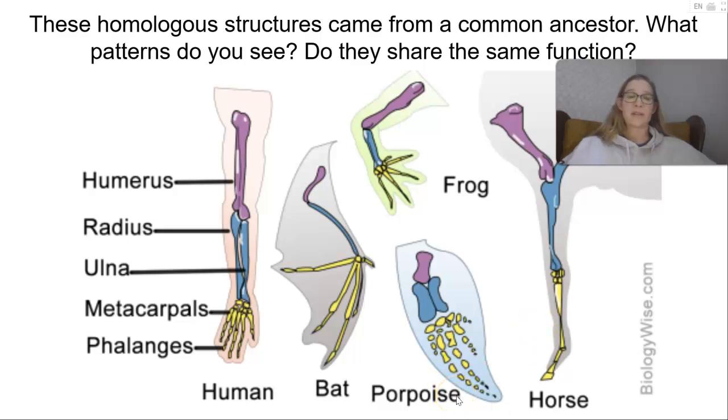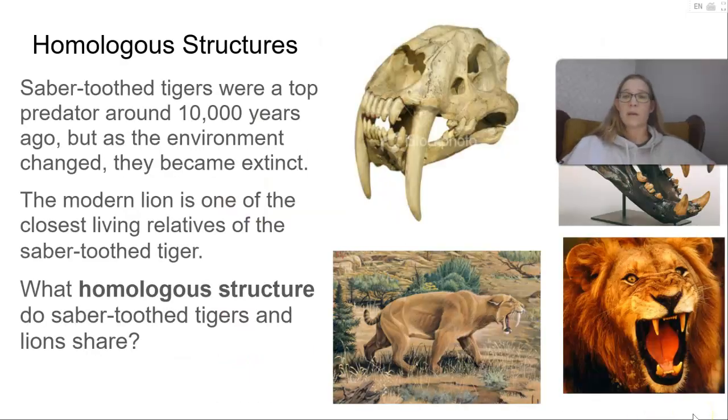Okay, so we see these repeating patterns in the arms and wings and legs and flippers, and we say, oh, this looks like they have a common ancestor. They don't share the same function, but over time, they do have the same structure, and over time that function has changed.